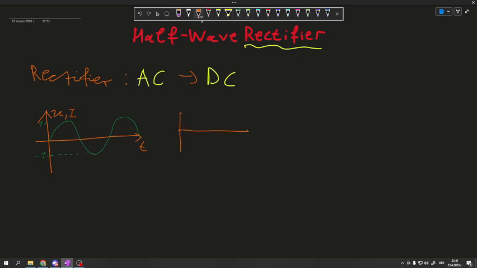Same graph here, against time. And what's direct current? Direct current means that it just stays in, no, let's make it a bit different. It can change, it's possible, but it only stays in the positive region.